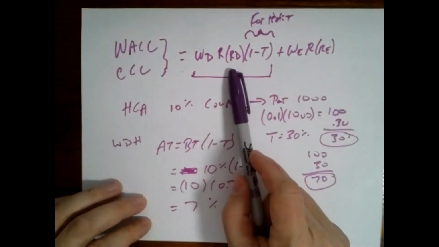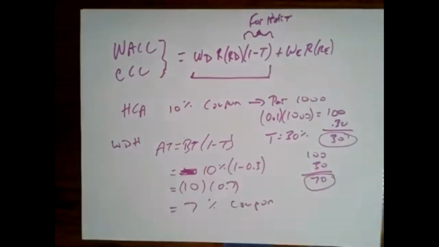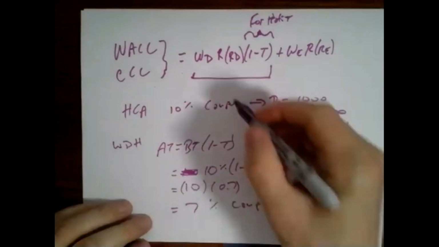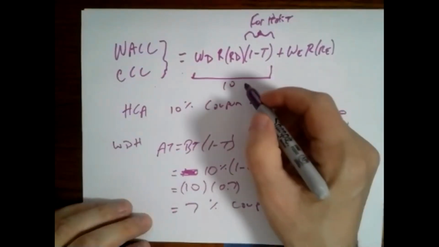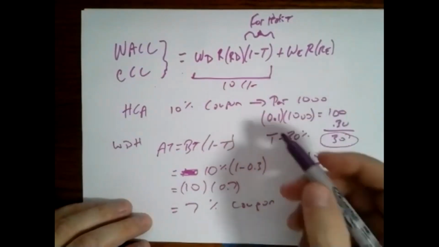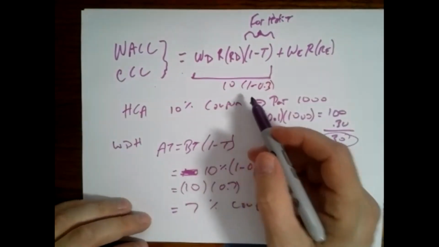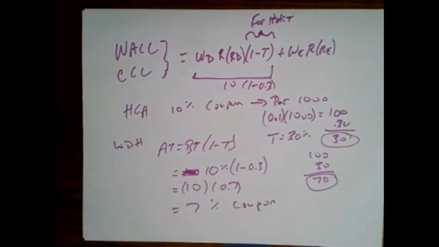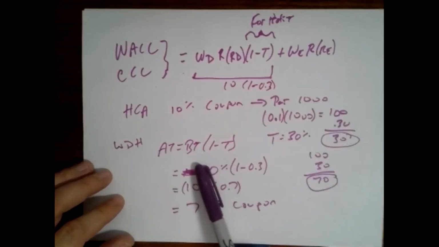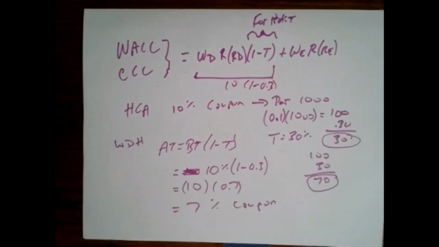Well, the required rate of return on the debt in the example we were working, say for HCA, is 10%, but their tax rate, we said in the example, was 30%, and so they wind up with a 7% effective return, which would set them equal to, say, a not-for-profit in the same market would be paying 7%.